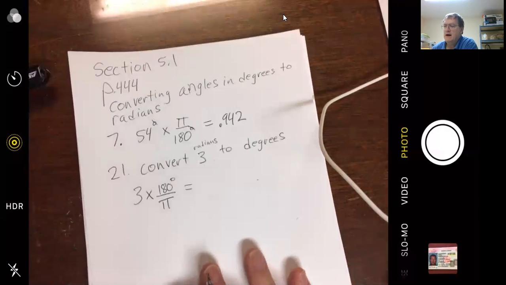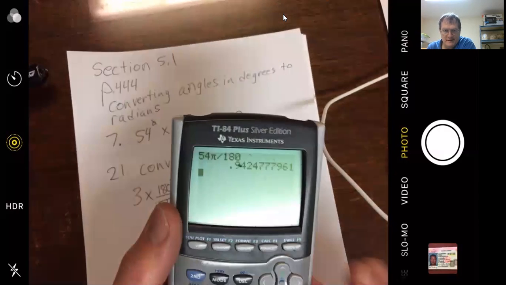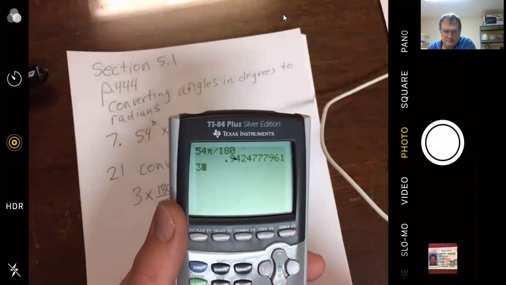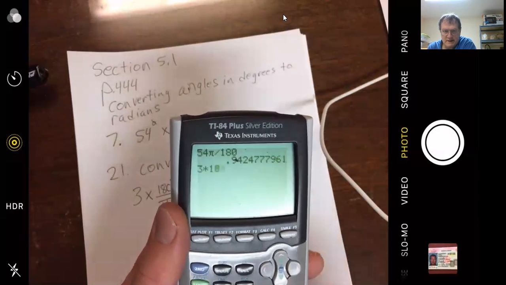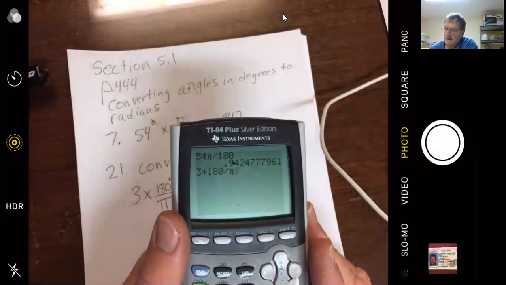So when I multiply that out, 3 times 180 divided by pi. Hit enter.